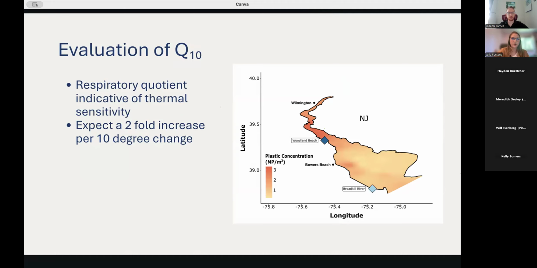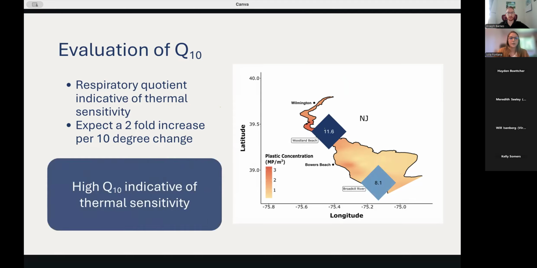But when we tested our Q10s, Woodland Beach, our high plastic location, came out with an 11.6, and our low plastic location came out with an 8.1, which are both wildly larger than a Q10 of 2, which is highly indicative of thermal sensitivity for both of these regions, not just Woodland Beach.